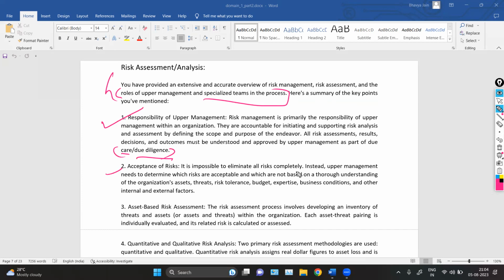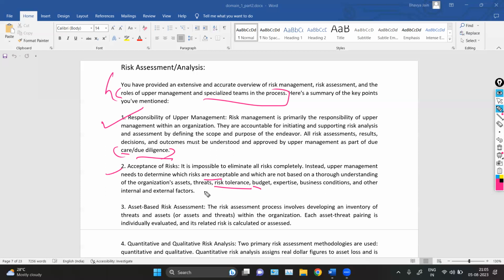Then we have acceptance of risk. It is impossible to eliminate all risk completely. Instead, upper management needs to determine which risks are acceptable and which are not, which need to be handled, and which risks we tolerate on the basis of the budget, the expertise, business conditions, and other internal and external factors.